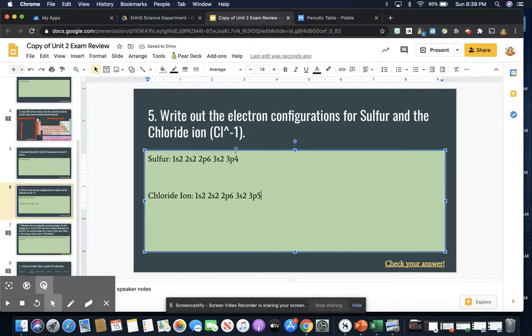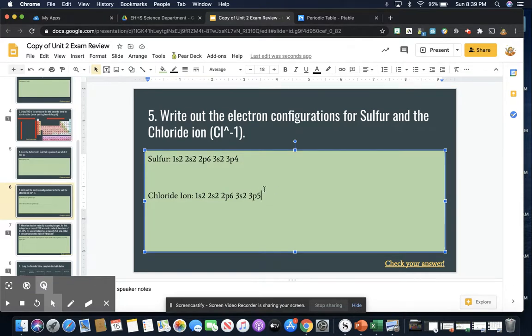But the chloride ion, if I look here, is a negative charge, which means that I have added to the neutral chlorine atom 1 electron, or something that has a charge of -1, which is an electron. So if I'm adding an electron, I need to account for that in my electron configuration.